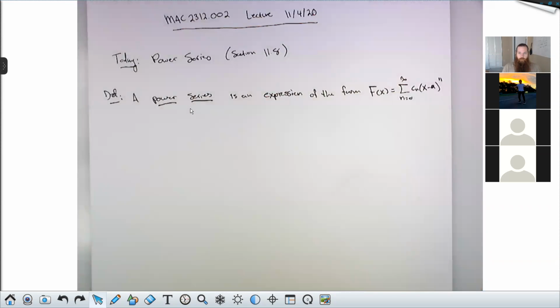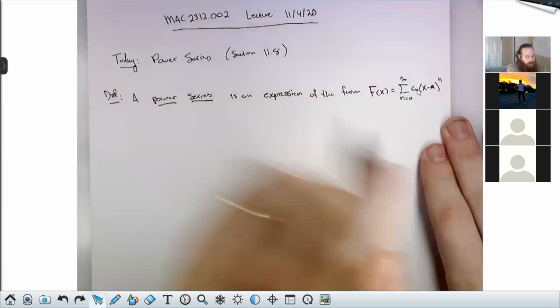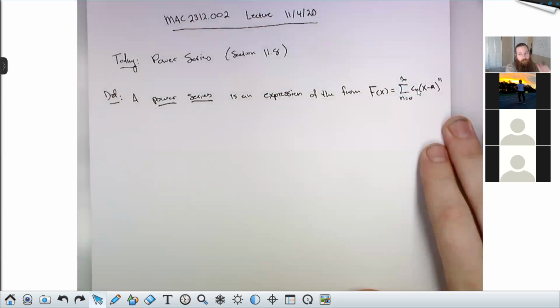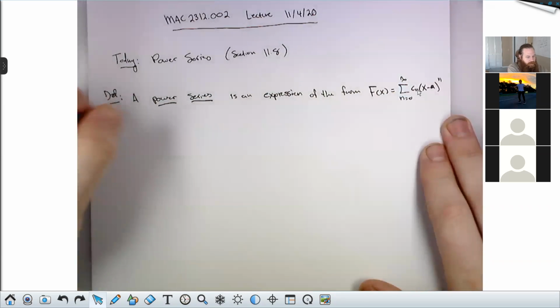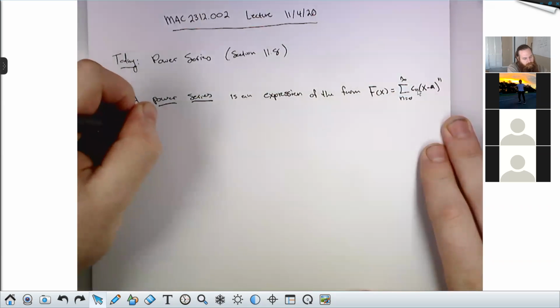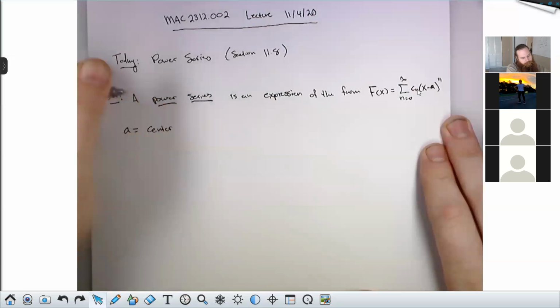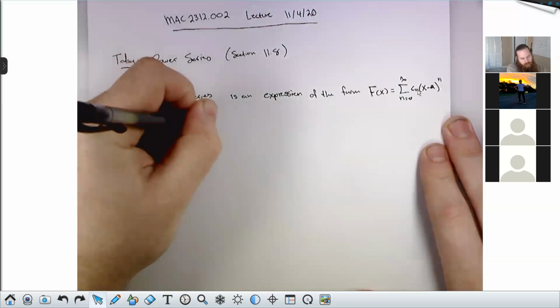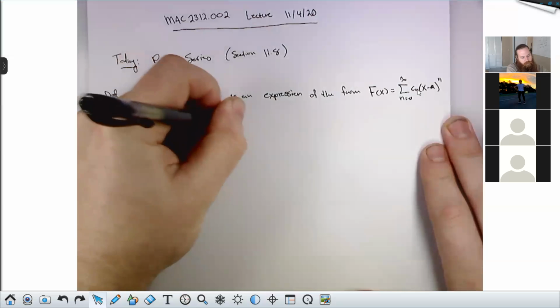Right, so it's a series. You've got your capital sigma here, and you've got some numbers, c_n, which are multiplying (x minus a) to the n. The number a here is called the center. And the numbers c_n here are called the coefficients.